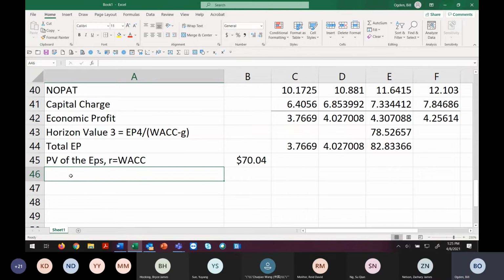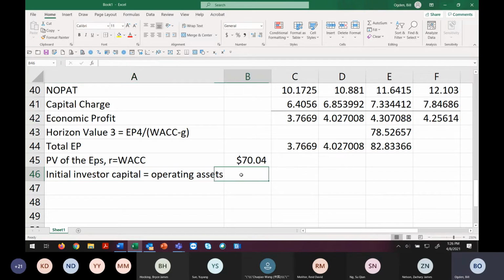So let's start over here. Let's add back the initial. And of course, we know we have that identity. Investor capital equals operating assets.